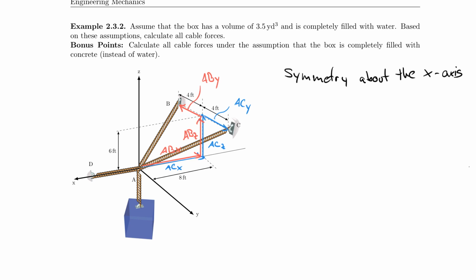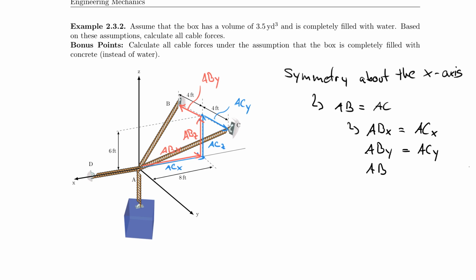And that's why you can actually state now that due to symmetry, AB is equal to AC. And you can also say, for example, ABX is equal to ACX, or ABY is equal to ACY, and so on.